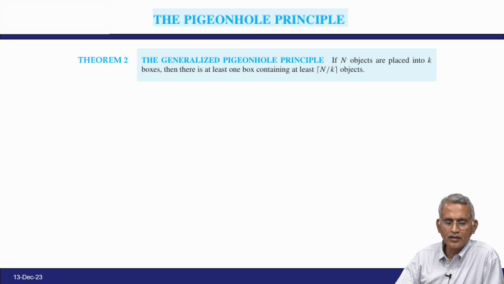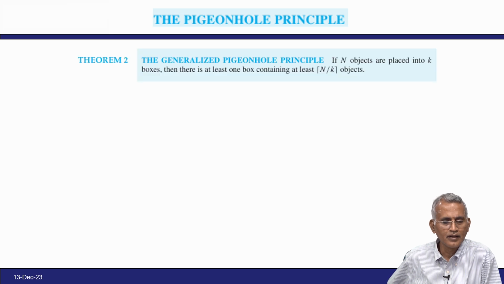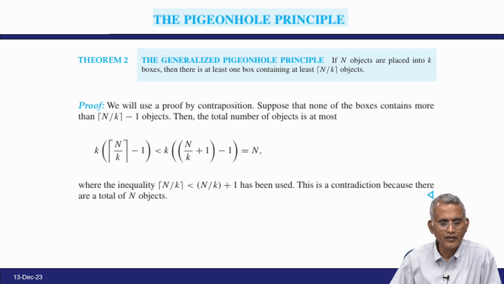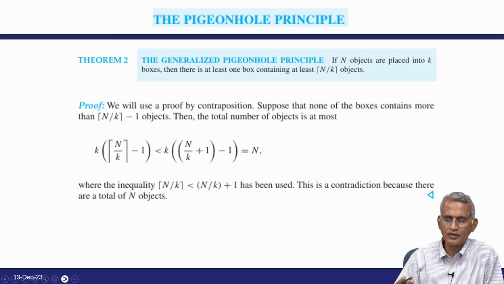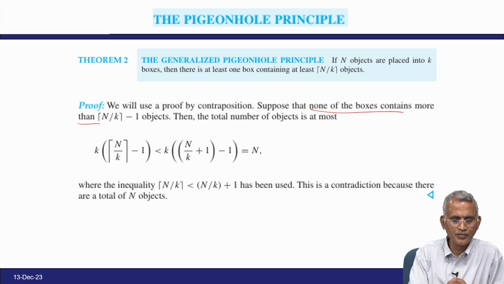generalized form of the pigeonhole principle. The pigeonhole principle states that if n objects are placed into k boxes, then there is at least one box containing at least the ceiling of n by k objects. We prove this by contradiction. Suppose that none of the boxes contains more than the ceiling of n by k minus one objects.